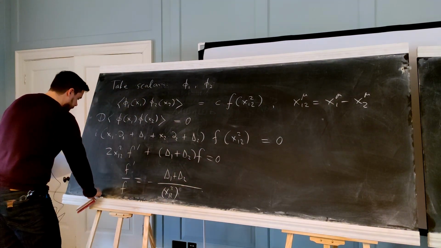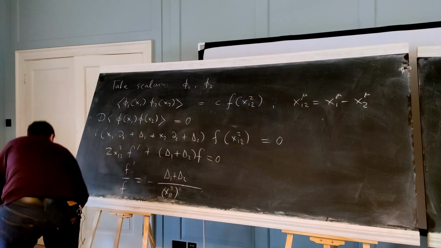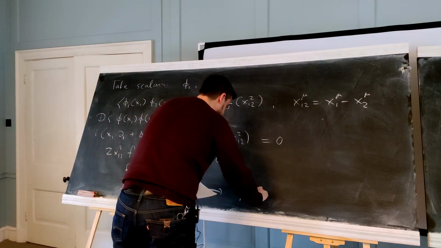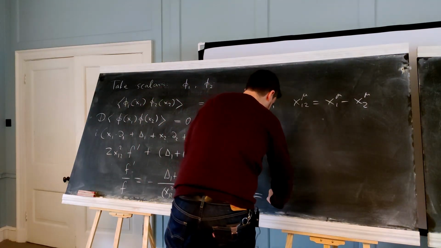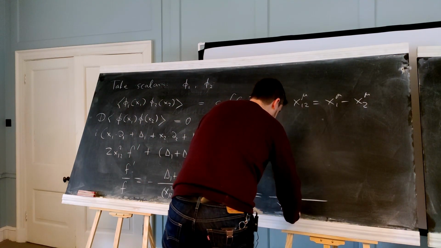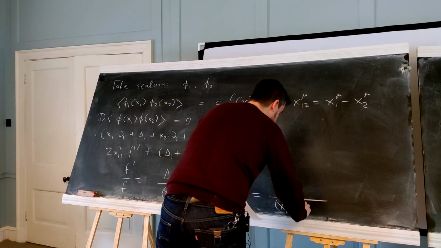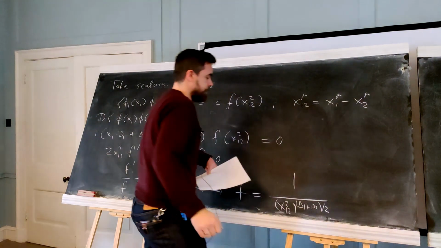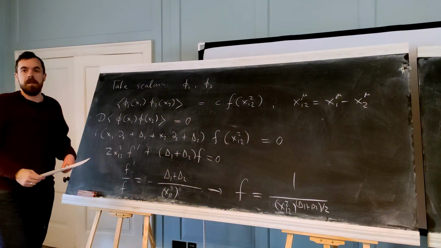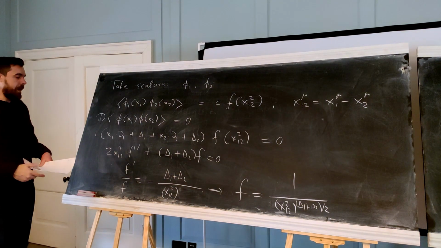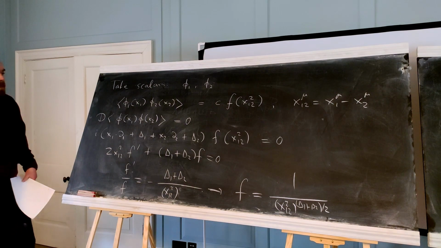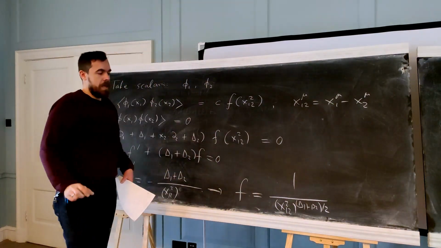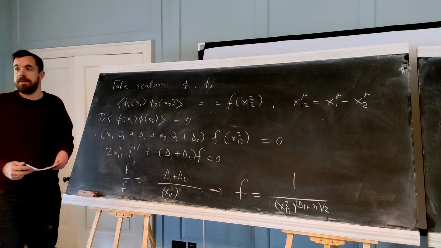And then this is solved. This implies that f is 1 over x12 squared to the delta 1 plus delta 2 over 2. Okay? So in a theory with scale invariance, there is a power law behavior in the 2-point function, and we haven't even used conformal invariance yet.